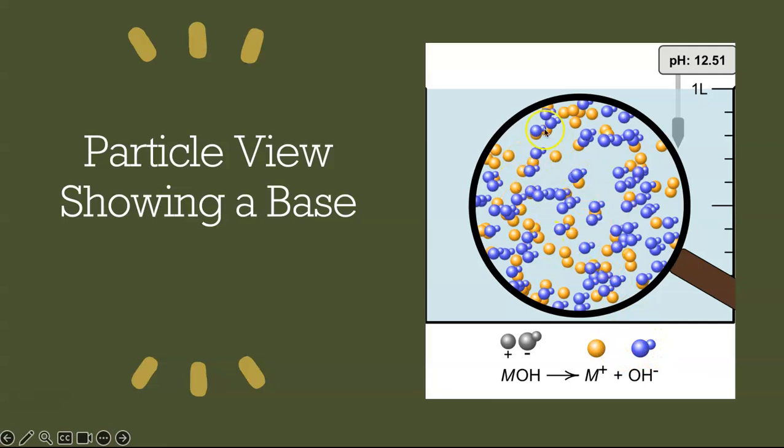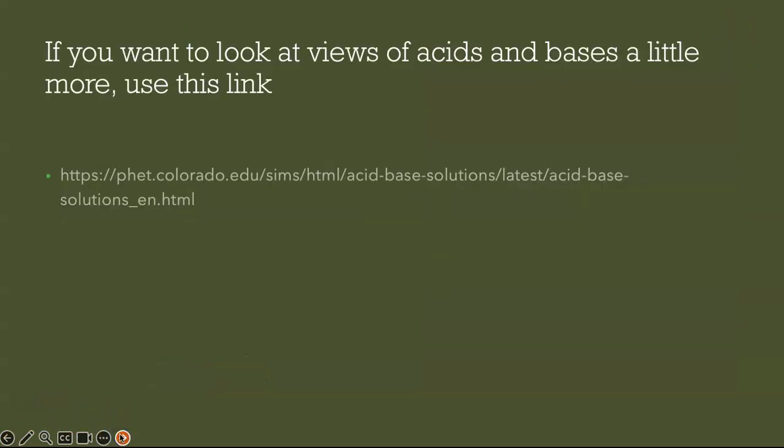And you can take a look here. And I've seen mostly hydroxide ions in here. I'm not seeing any of the original base in there, so I would say this is a strong base. So make sure that you know the difference between those strong bases. Oh, well, duh, I could have looked at the pH right up there. All right, and that is from the link that's in your book.